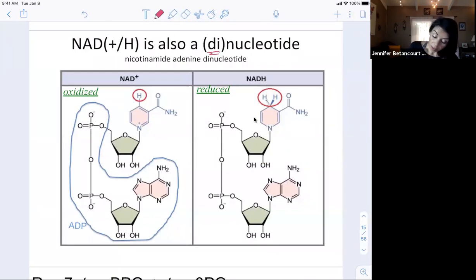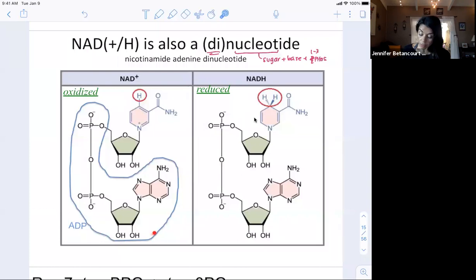Well, a nucleotide is a sugar molecule plus a base plus 1 to 3 phosphate groups. Here's one nucleotide: here's the sugar, here's the base, here are the 2 phosphate groups.